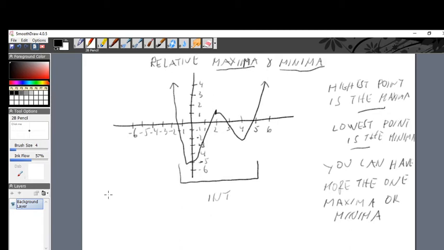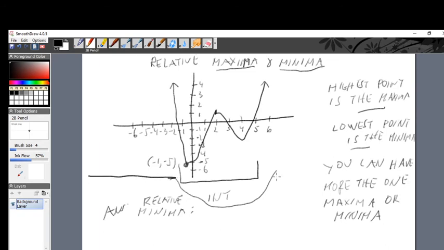Okay, so the answer is right over here. This point over here is -1, comma, -5. So a relative minima is at -1, comma, -5.